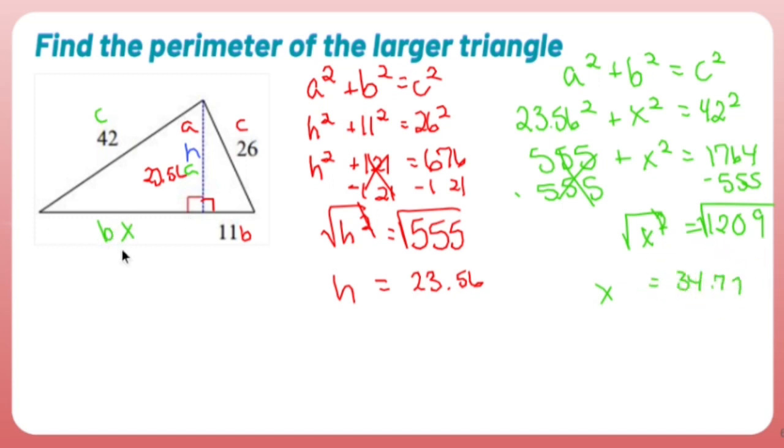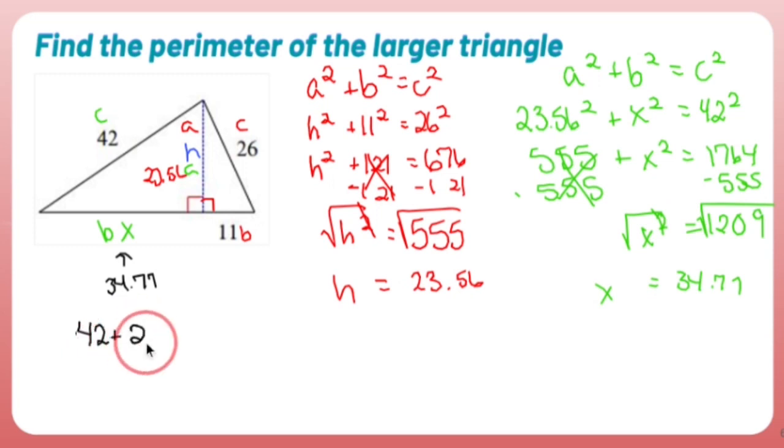So this guy right here is 34.77. In order for me to find the perimeter of this whole triangle, I have to add that side plus 26 plus 11 plus 34.77.